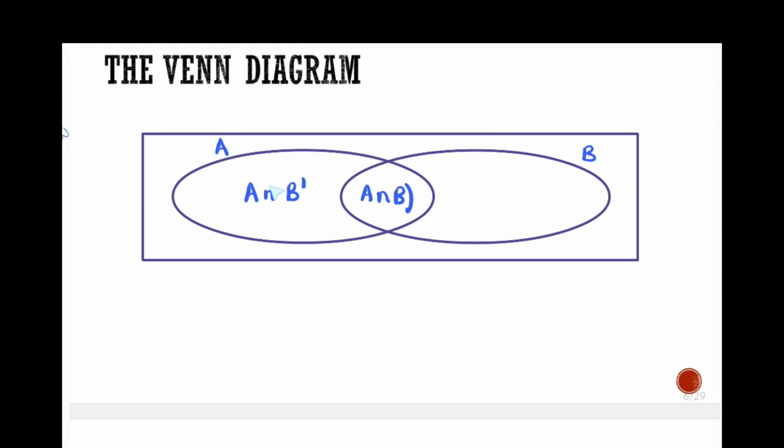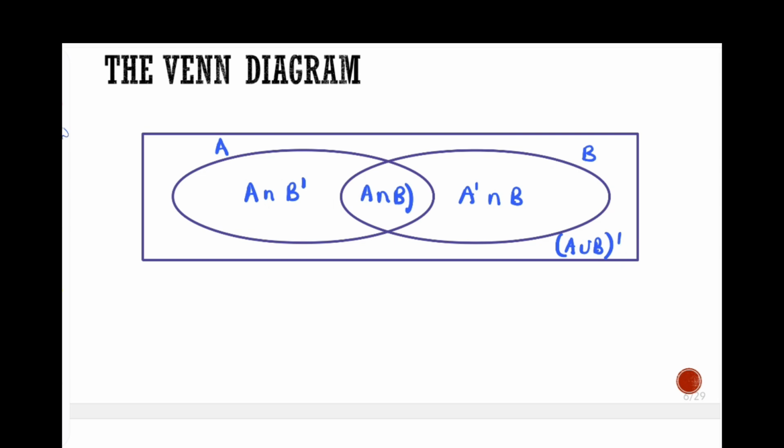The region over here is B only, and it can be written as A complement intersection B. Then the entire set is known as A union B, so anything outside these two ovals is the complement of A union B.